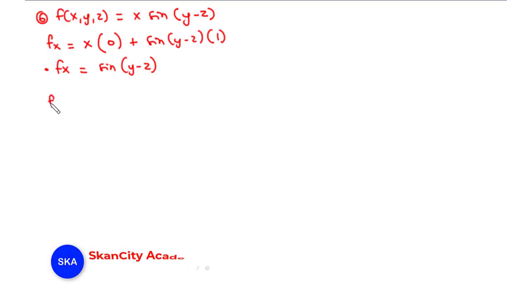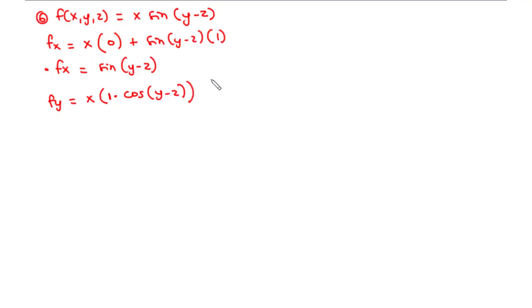Now for fy, for the same function, we are going to hold x, we differentiate this with respect to y. Now when you differentiate y, you have 1, so that is 1 times, when you differentiate negative z, you have 0, so you have 1 times, when you differentiate sine, you have cos, so that becomes 1 cos of y minus z, and then plus, we are going to hold sine y minus z.